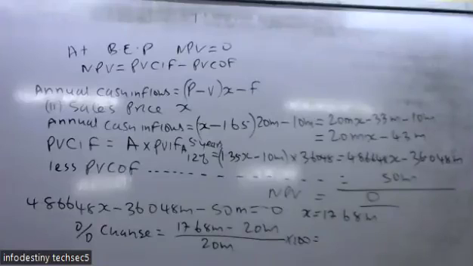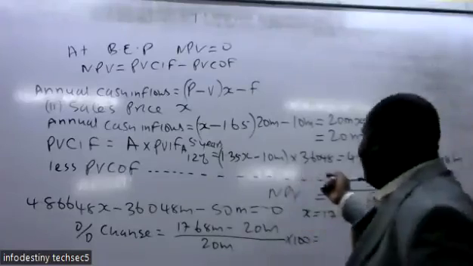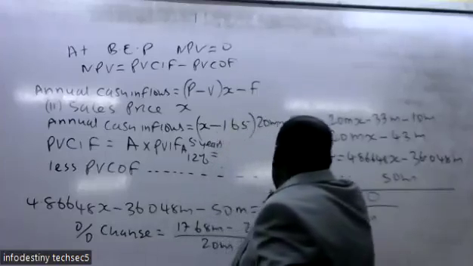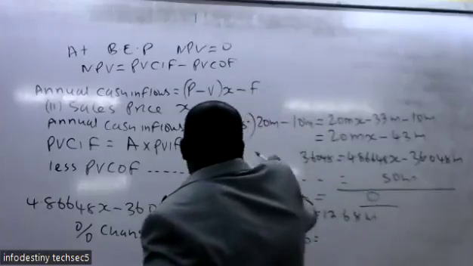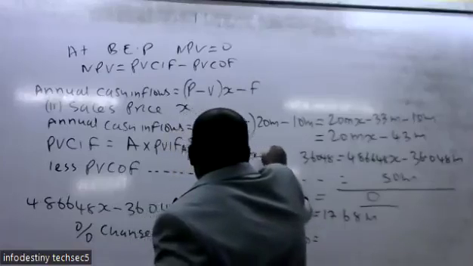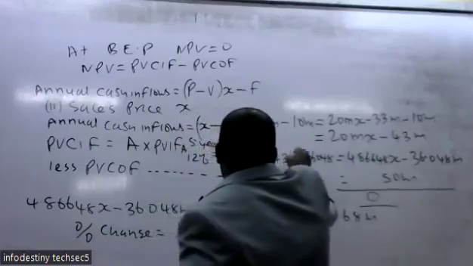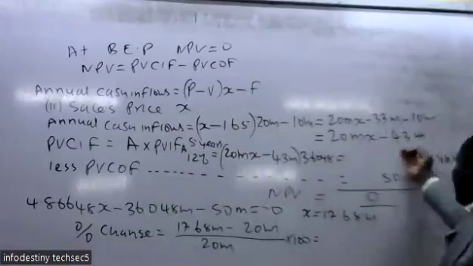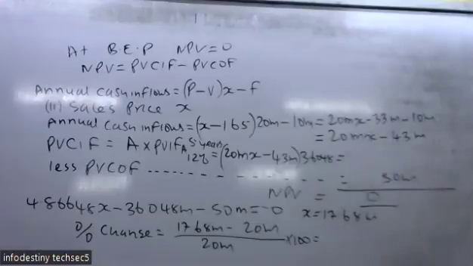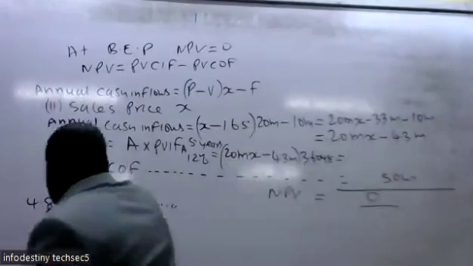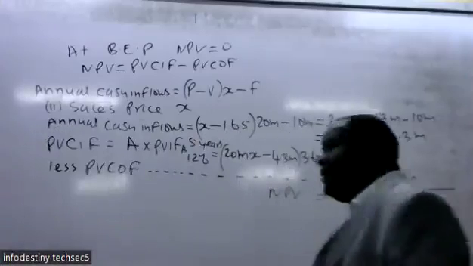So now we come here in our annuity. Everything is remaining the same, except now your annuity will be 20 million x minus 43 million. Then we come to this point. Everything is remaining the same; we are only making changes in the selling price.